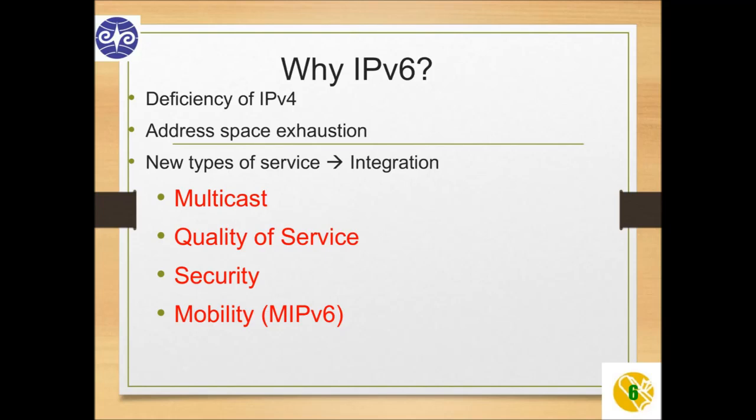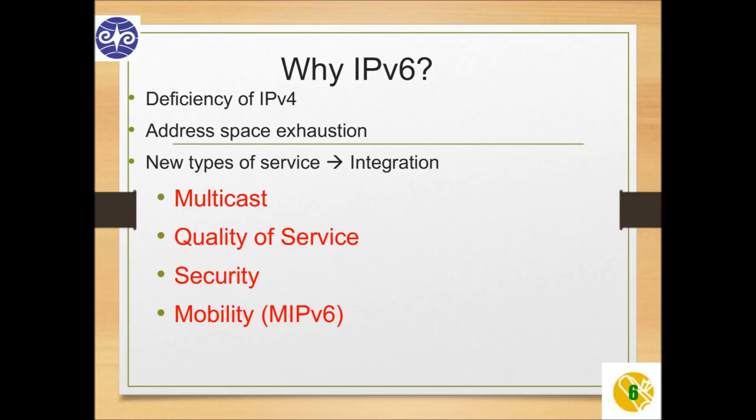Second, address space exhaustion, because address space is limited, so we have to switch to IPv6. And next, new type of service integration, because new types of services are being developed, so we need IP addresses on a wide range to provide internet facility to all the devices.